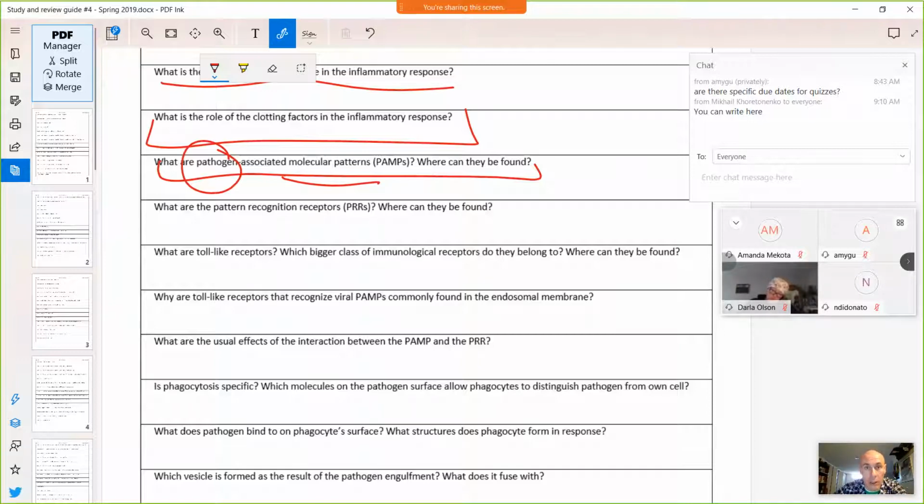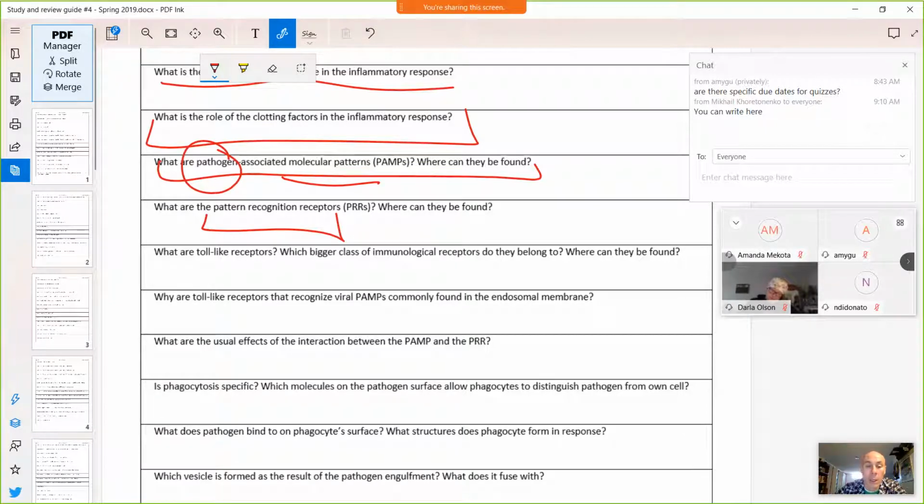So it is a chemical signature of gram-negative microorganisms. And these pathogen-associated molecular patterns are recognized by pattern recognition receptors, which are found on the host cells, either on the cell membrane or the endosomal membrane.